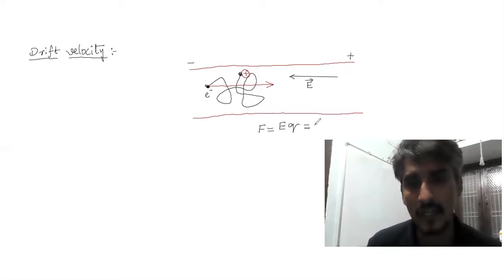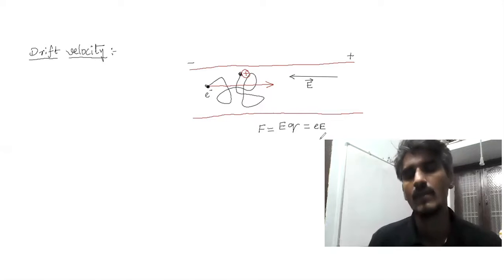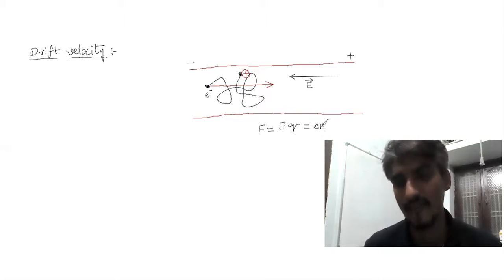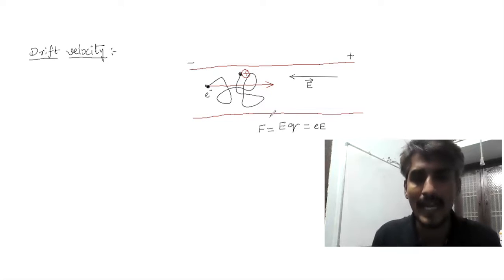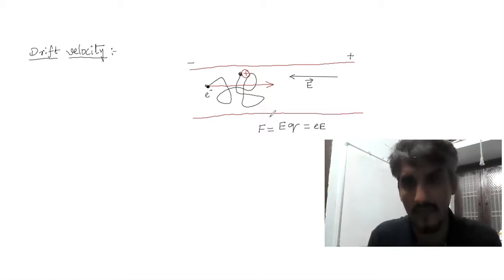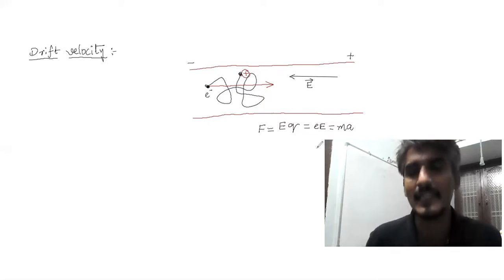Here we are talking about only one electron, so I'm writing it as E into small e. What is small e here? The charge of one electron. So this is the force applied on a single charge. Due to that, it accelerates. Assume that the mass of the electron is m and the acceleration is a.